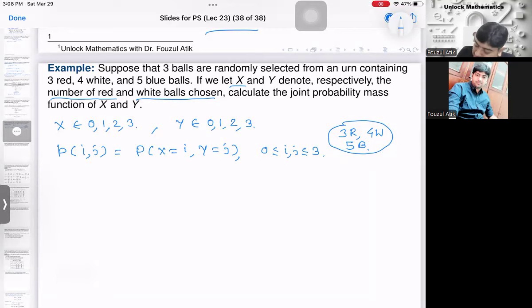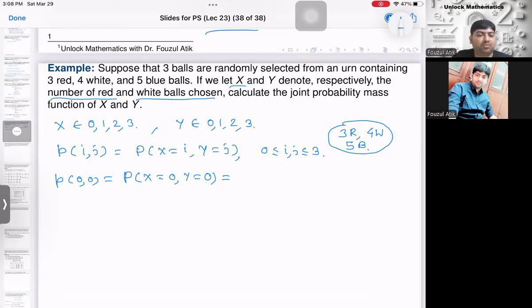Now, what is this P of 0, 0 value? P of 0, 0 means probability of X equal to 0, comma Y equal to 0. How to calculate it? Among these three balls, there are 0 red balls and 0 white balls. What does it mean? All these three balls are blue balls, right?